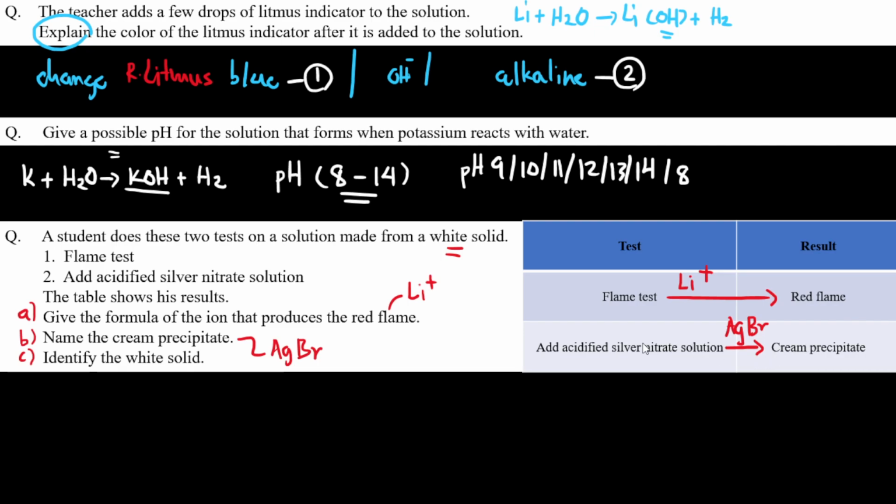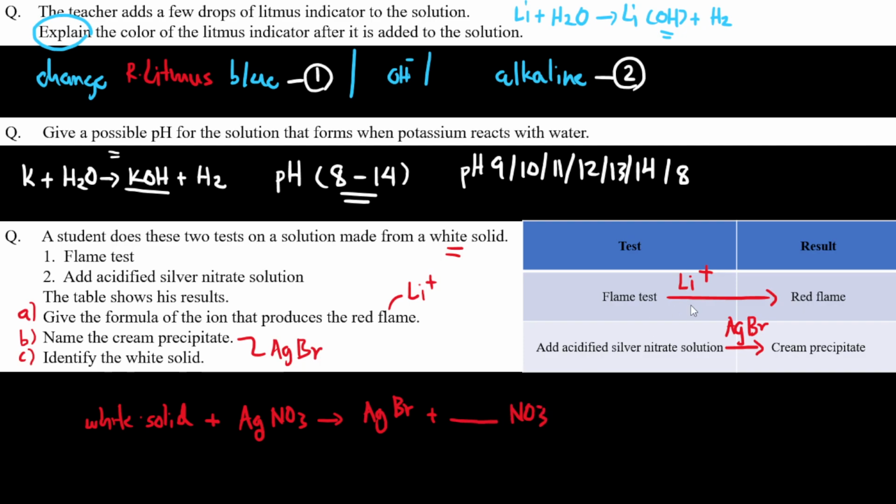Identify the white solid. So we want to know what is our initial white solid. So let's write down the equation. Let's see, we don't know what our white solid is. White solid plus, we're going to add acidified silver nitrate, right? AgNO3. And then we are going to end up with what? As we are producing cream precipitate, AgBr, and then something nitrate, NO3. Let's say we don't know what it is yet.